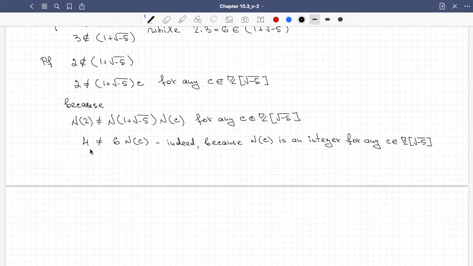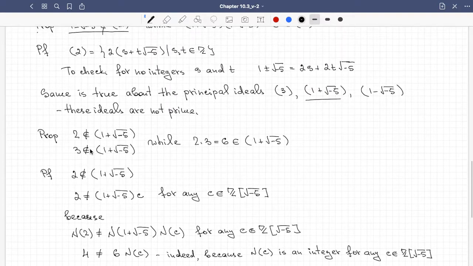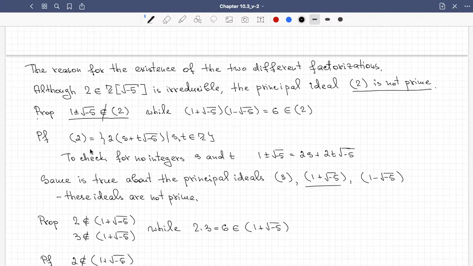And 2/3 is not an integer. We're done. So I supported the claim that all these ideals 2, 3, 1 plus and 1 minus root of negative 5, all these principal ideals are not prime ideals.